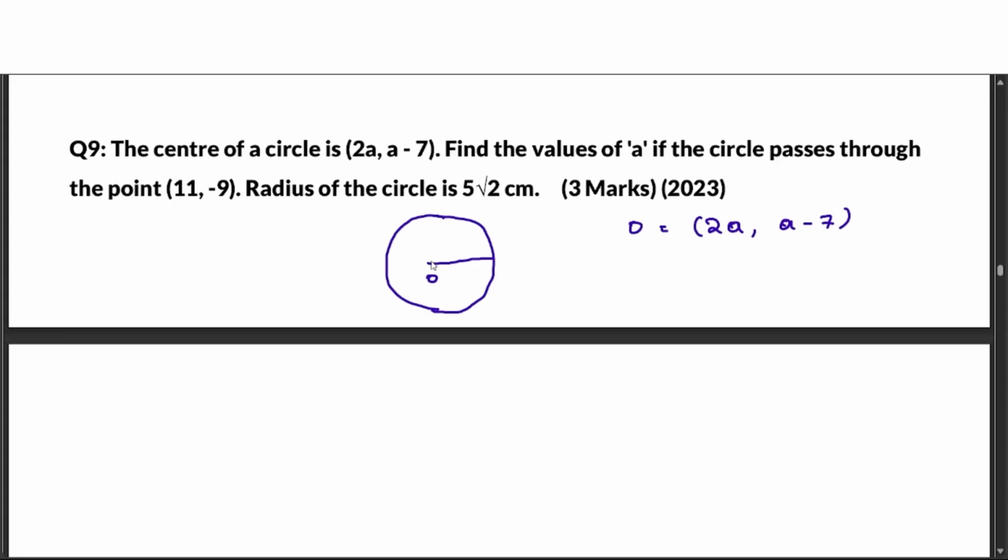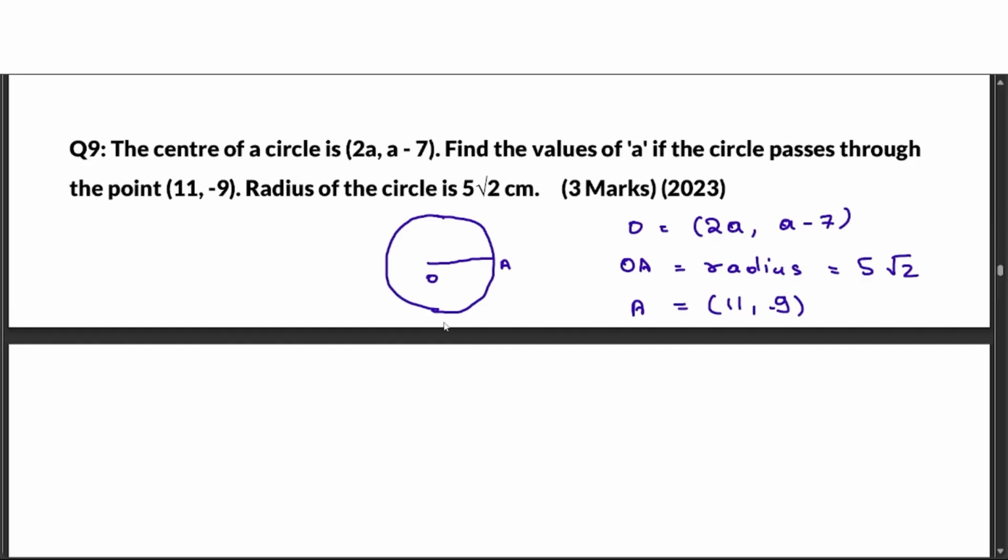This is from O to A. O to A is your radius. So radius is given as 5 root 2. And after that you are given the A coordinates. A coordinates is given as (11, minus 9).